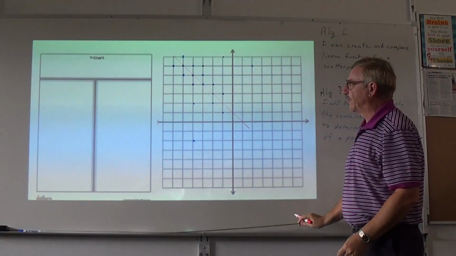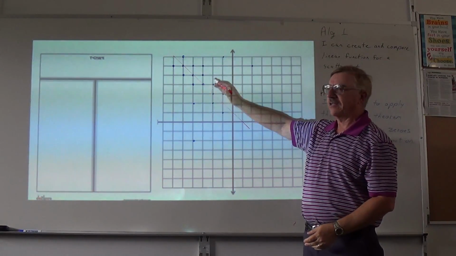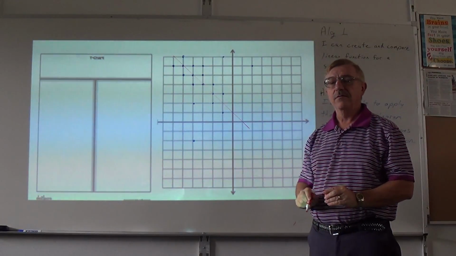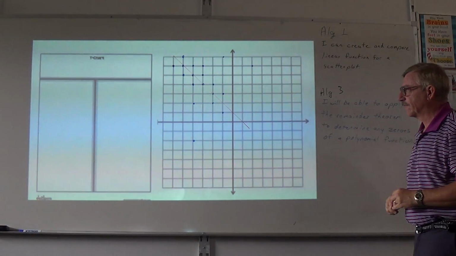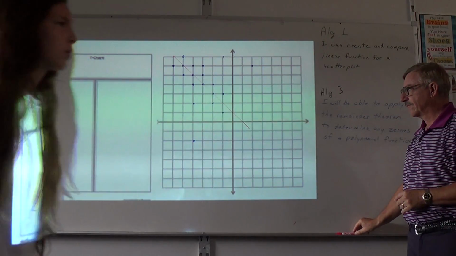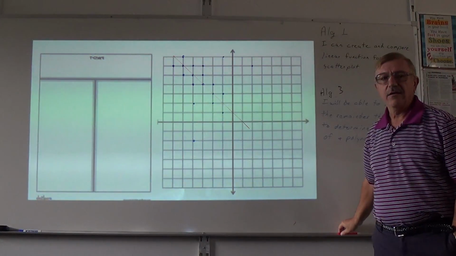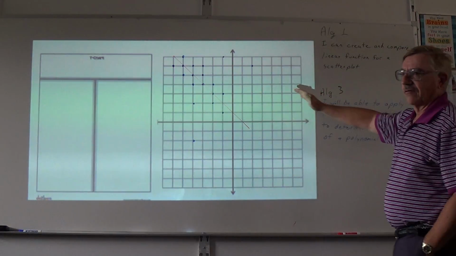So if we pick those points, there's about the same number of points on either side of the line, and that goes through 4 of them. Okay, so your line on your graph should look like this.